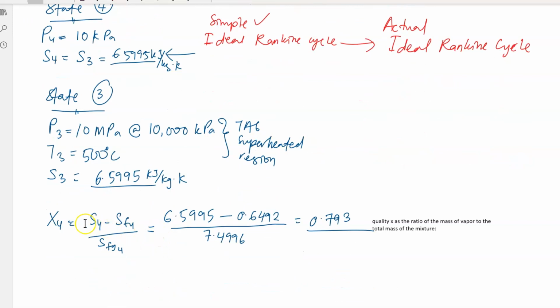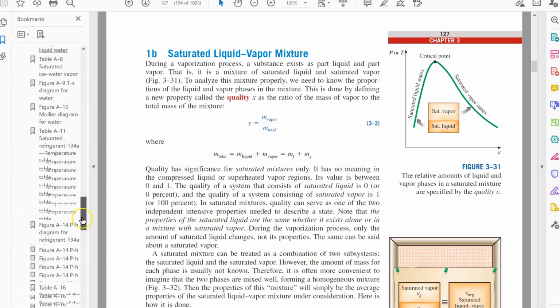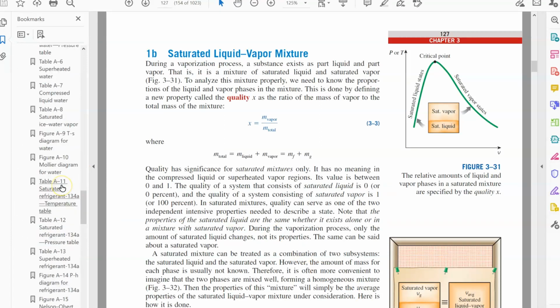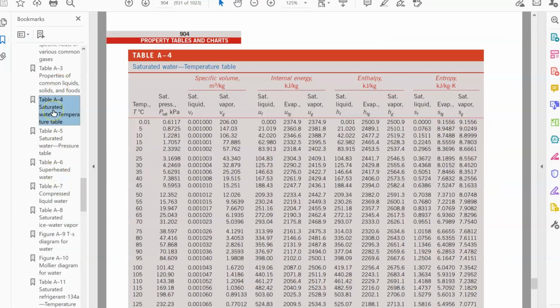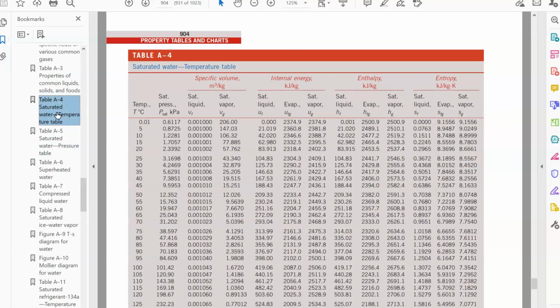Okay, so how are you going to get the value for SF4? Given that SF4 is at 10 kilopascal, you go to this property table. Okay, so it is table A5, right? Because if it's table A4, the first column is temperature reading, but the question only gives you pressure, not temperature.